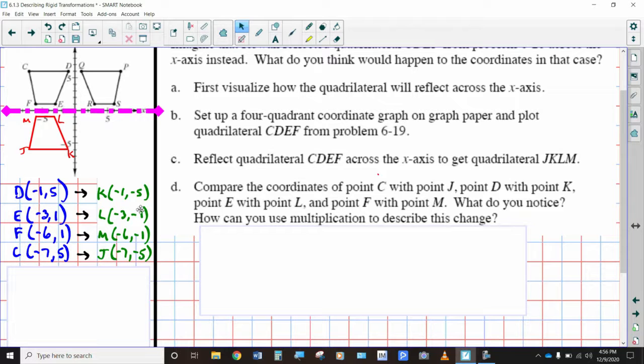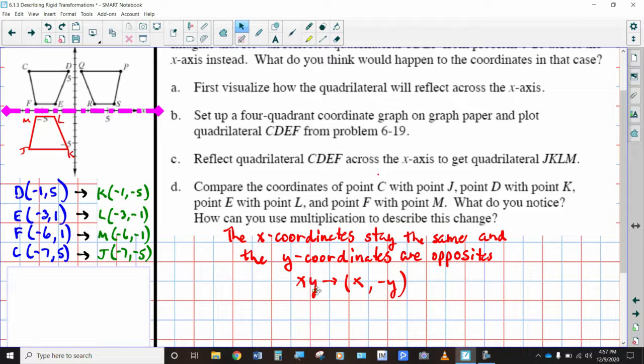So what do you notice is happening here? Are you noticing that the x values are staying the same, but the y values are changing to their opposites? Because that's precisely what is happening here. If you were to describe this using coordinate notation, you would say that x stays exactly how it is, but y changes to its opposite.